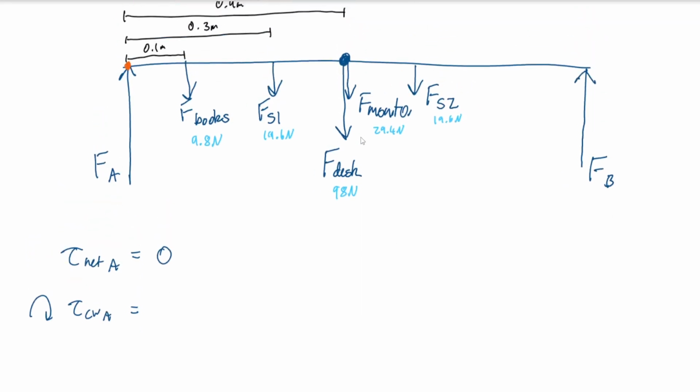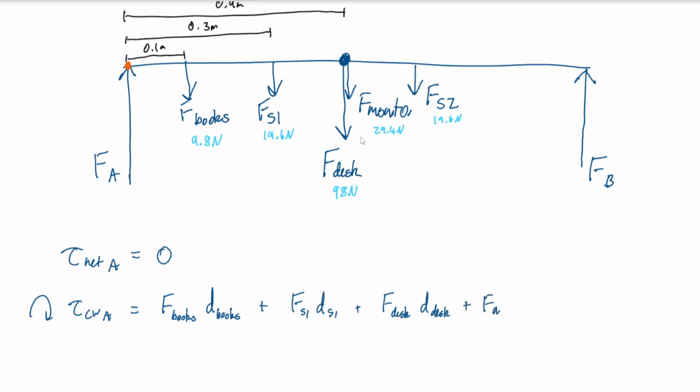So what do we have? We have F books times the distance of the books from the pivot point. To that we will add F speaker 1 times the distance of speaker 1 from the pivot point. To that we will then add F desk, the distance of the desk's center of mass from the pivot point.